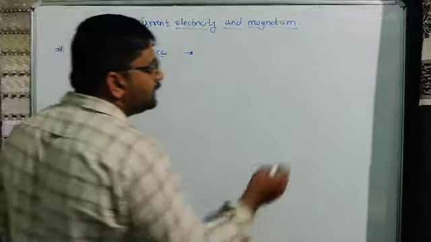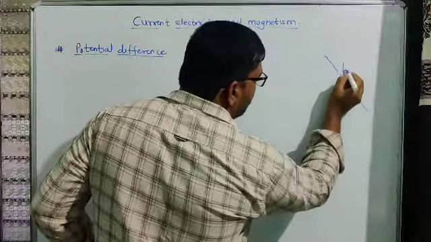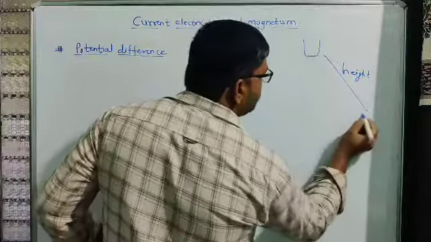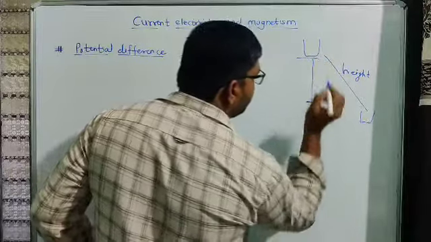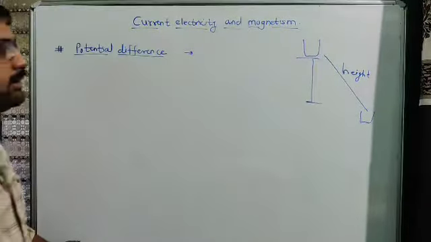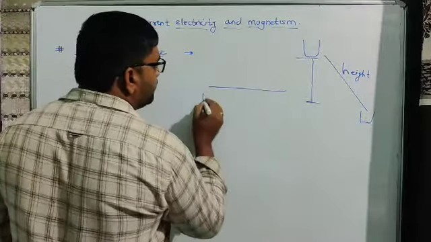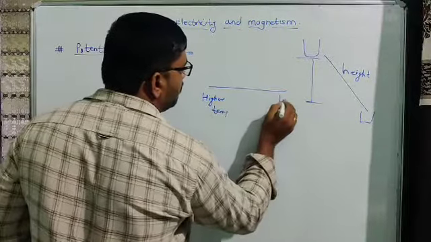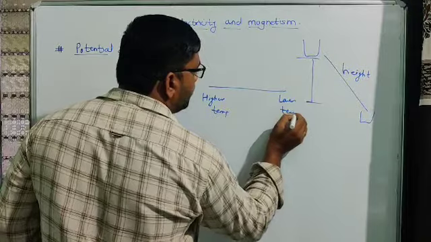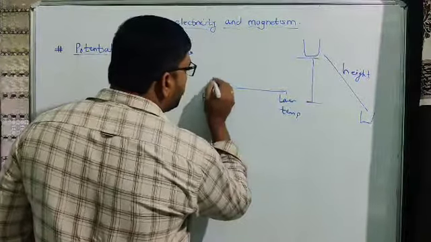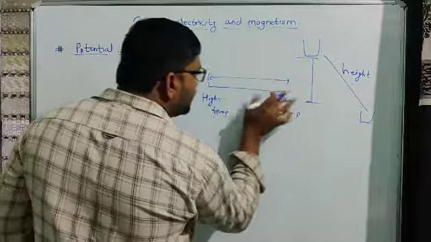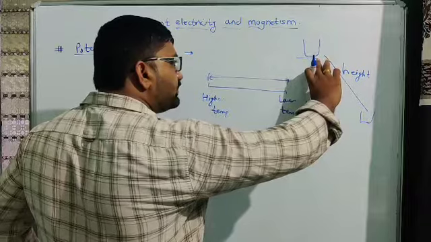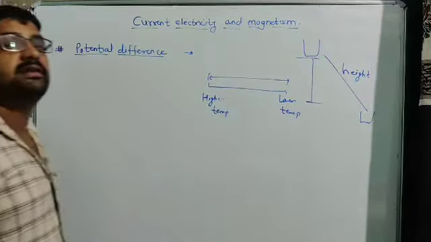So there is a difference of height between these two tanks, and a difference of temperature between these two ends. This is called height difference, and this is called temperature difference.